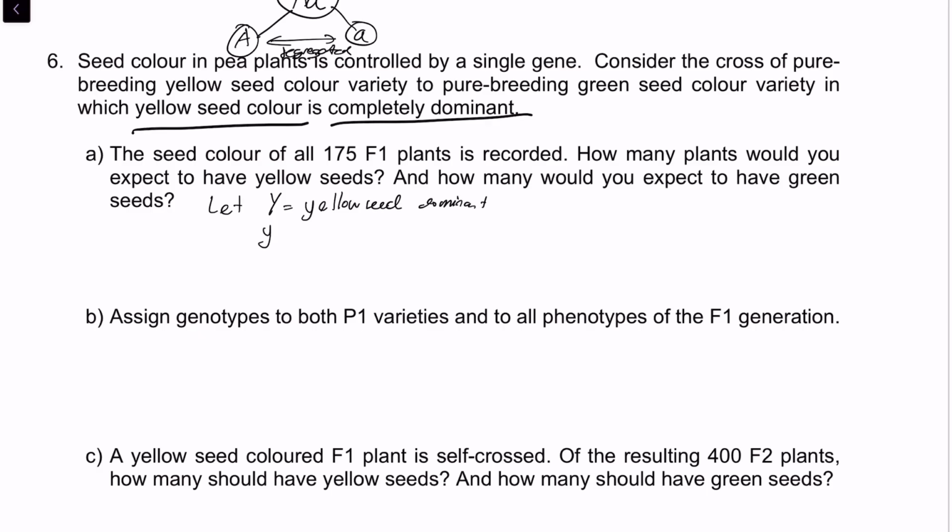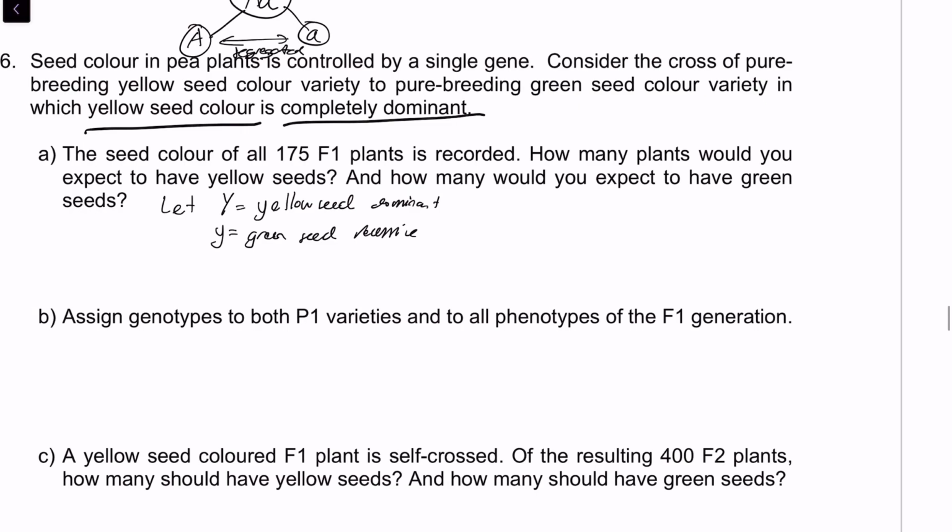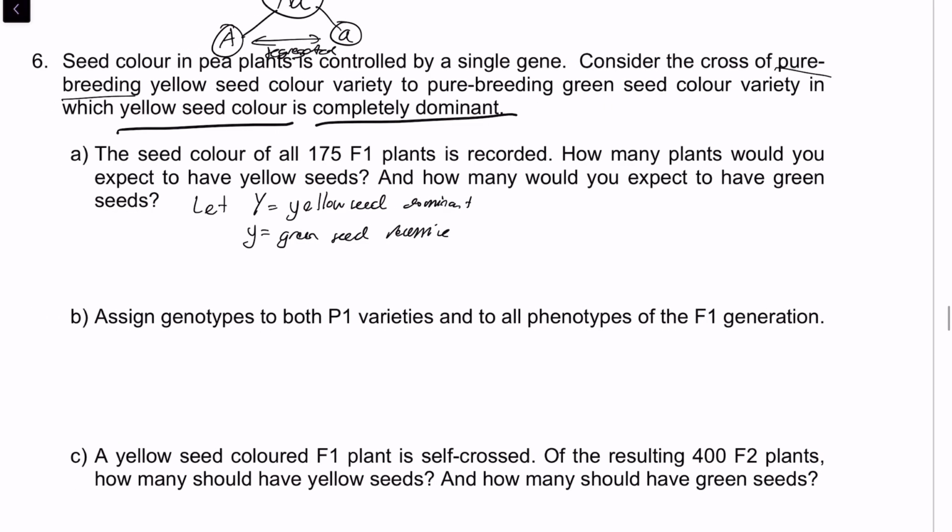Okay, that means lowercase y will be the green seed recessive. Okay, so if we have the pure breeding yellow seed, that means that we have a homozygous dominant, and a pure breeding green seed will be a recessive homozygous.